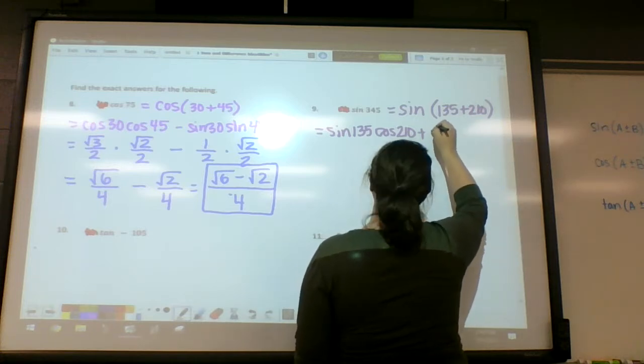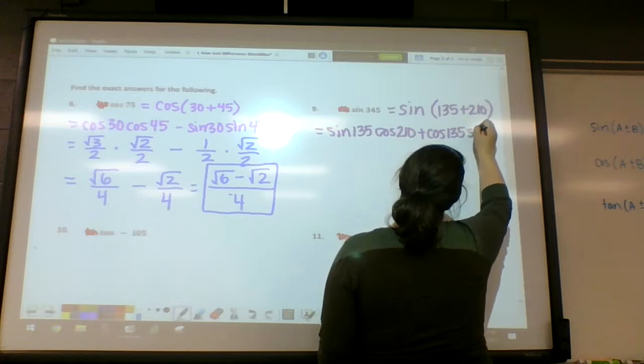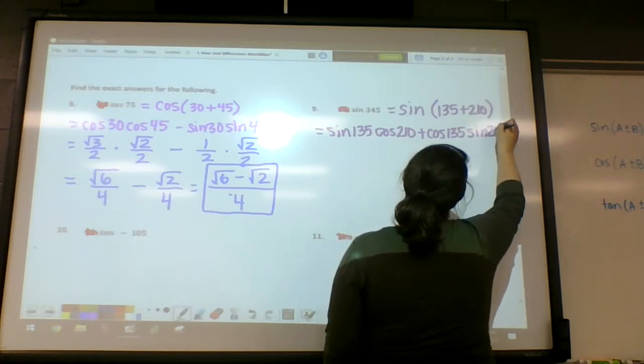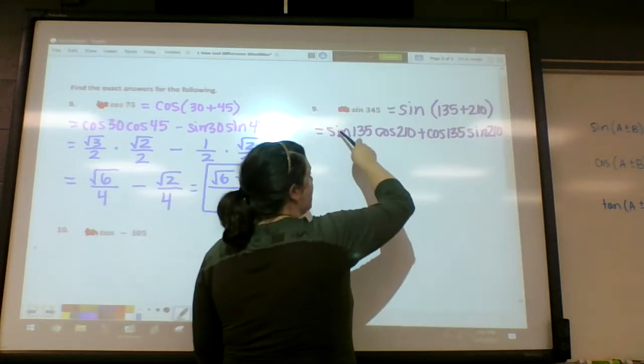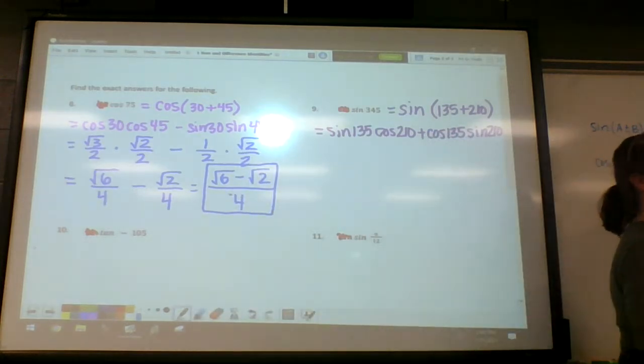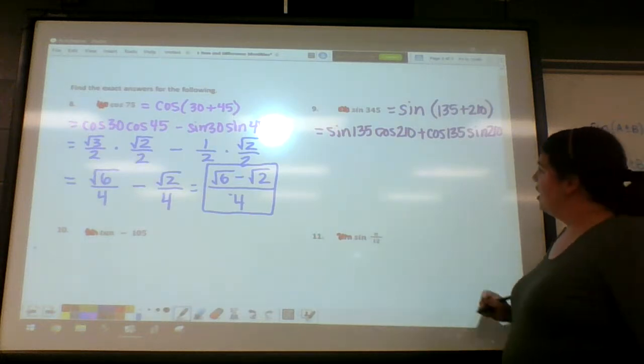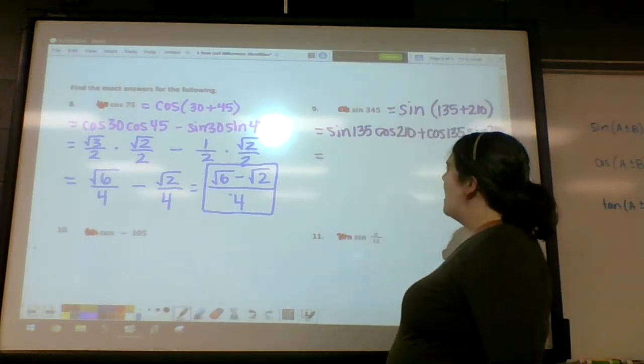So plus, and this will be the cosine of 135 sine of 210. So essentially they reverse, right? Sine, cosine, and then they reverse, so then it's cosine, sine. So there are some patterns to these handy-dandy formulas, identities. All right, and then once you have that, you're ready to go ahead and evaluate.